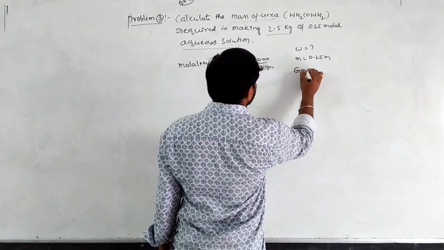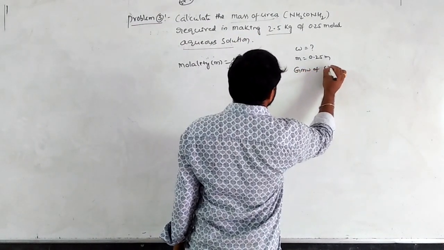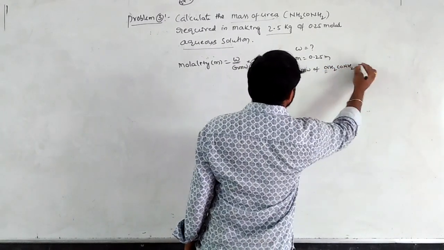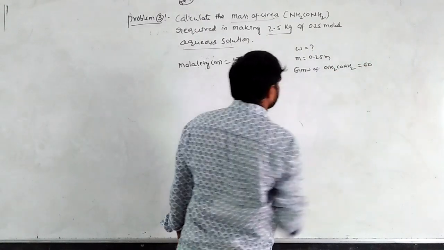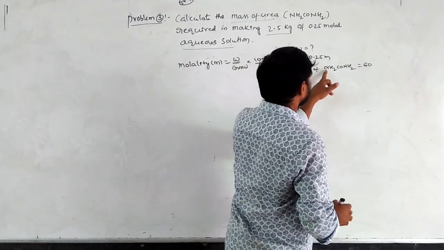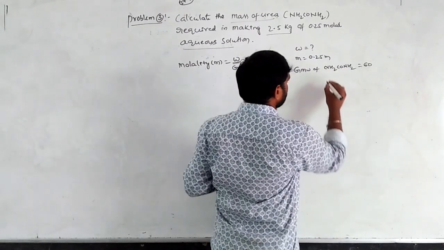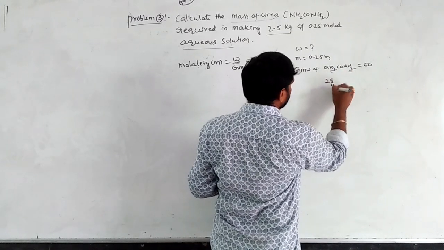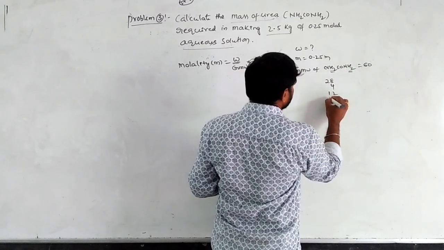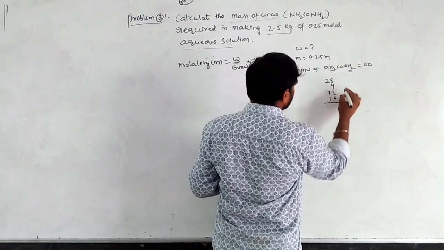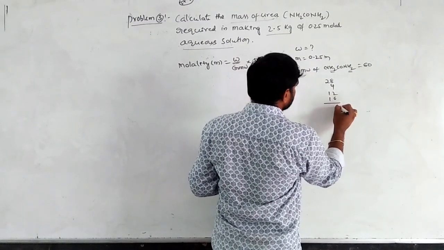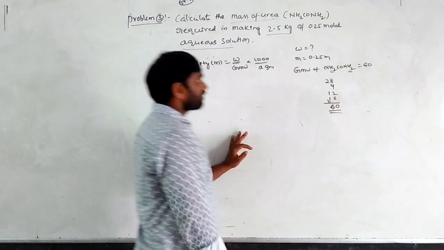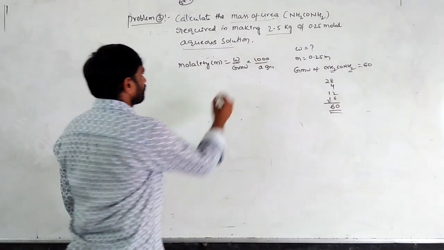GMW of urea equals 60: nitrogen 14 plus 14 is 28, 2 hydrogens 4, plus carbon 12, oxygen 16.